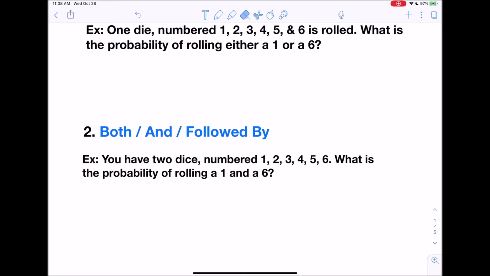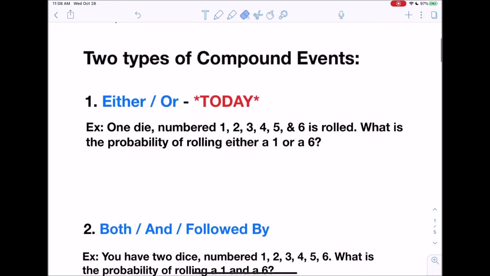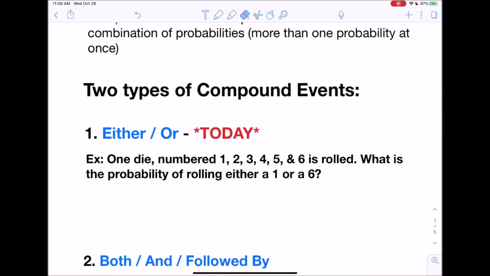Except this time, when you roll the two dice, what's the probability of getting a 1 and a 6? So now we have two probabilities, but you have to get both of them. What's the probability of getting both? As opposed to the either/or compound events, which we're looking at today, which is the probability of one or the other happening.